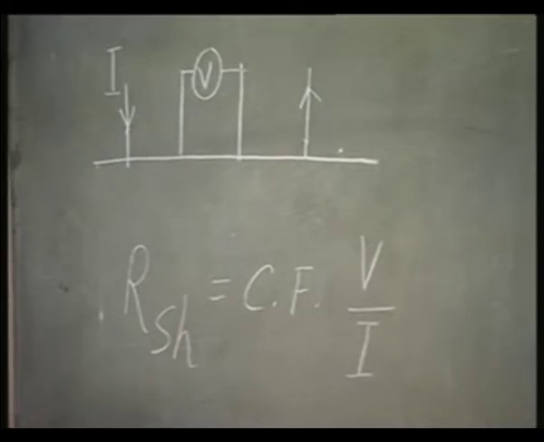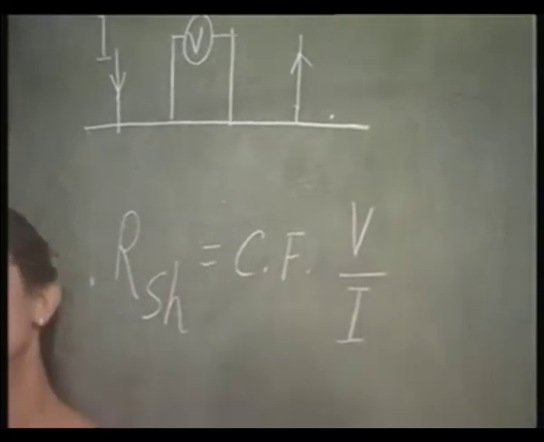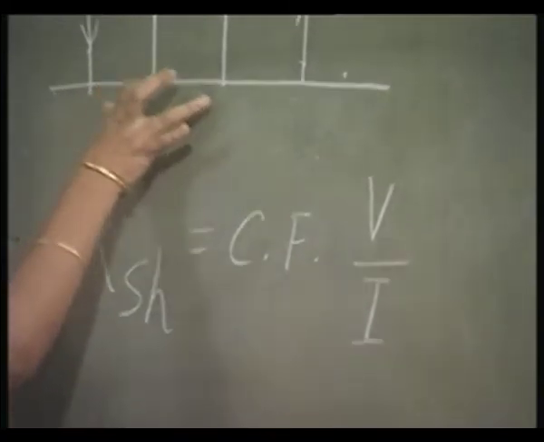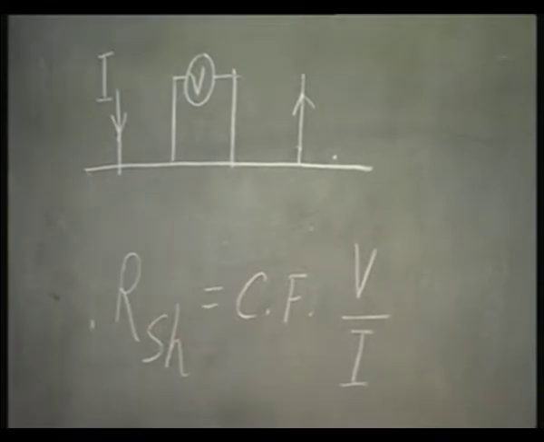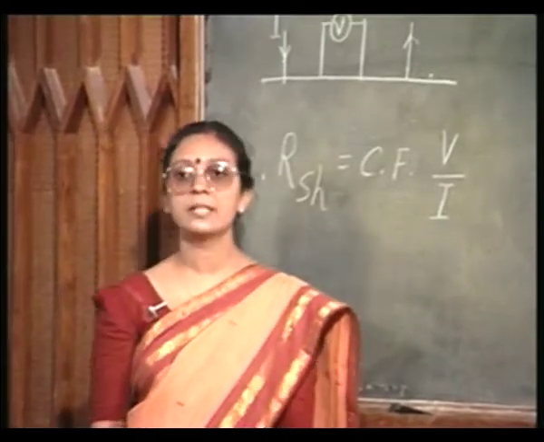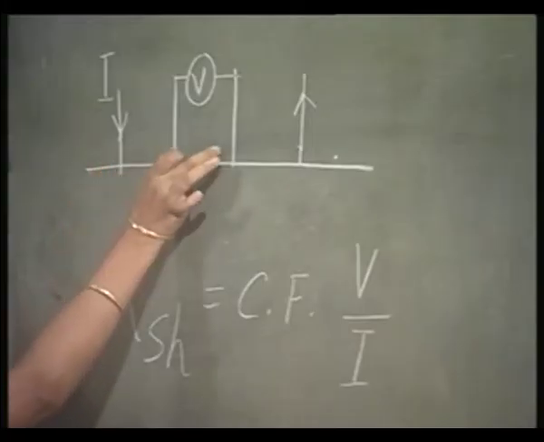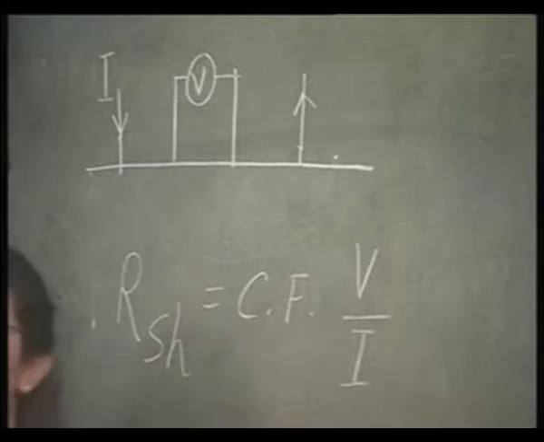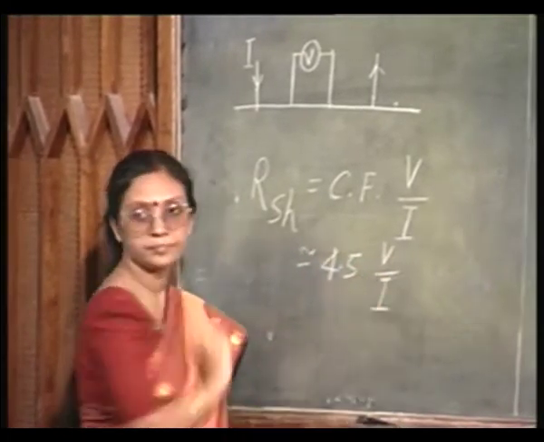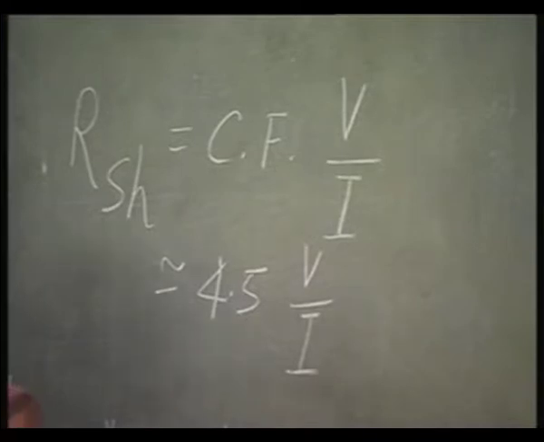Now, this correction factor value tends to 4.532, 4.5, provided the sample that you are using is a long sample, that is the sample length is much larger compared to the probe spacing. These 4 probes are spaced close together. If your sample length is much larger than this probe spacing, then this can be approximated as 4.5 times V by I, right.